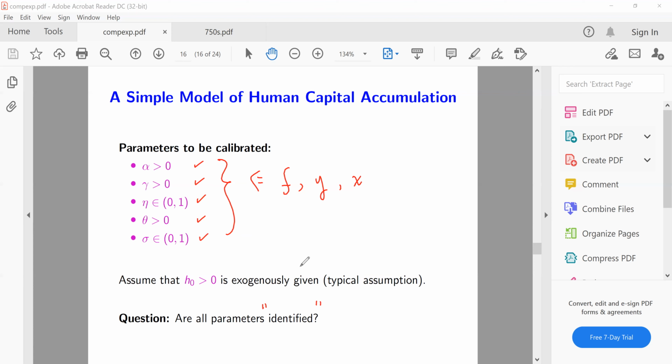In most models, not all parameters are identified, and sometimes you can identify them only numerically, okay?